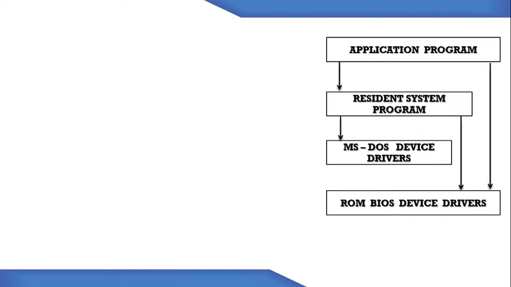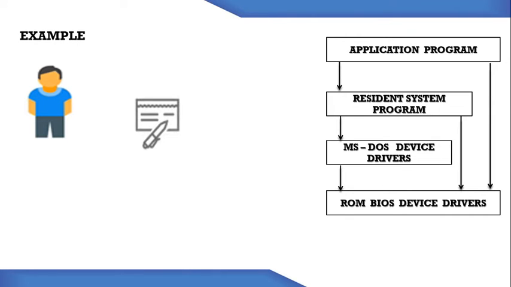And at last, MS-DOS device drivers can directly communicate with the hardware. Here we can see a systematic approach, but also we see that each one can access the hardware directly without any restrictions.